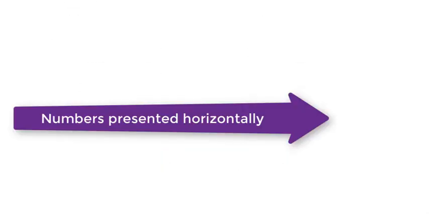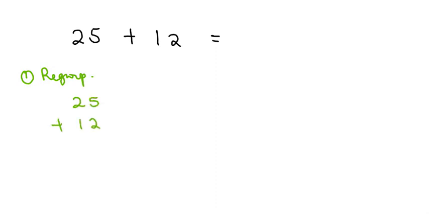Let's look at a different concept now. If you're given your numbers in a line horizontally, for example, 25 plus 12, then you have two options. The first method that you have is to regroup or to rearrange, so that your question now becomes 25 plus 12, and then you add it.